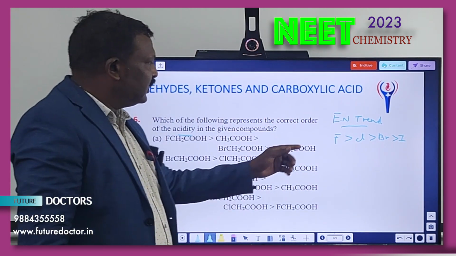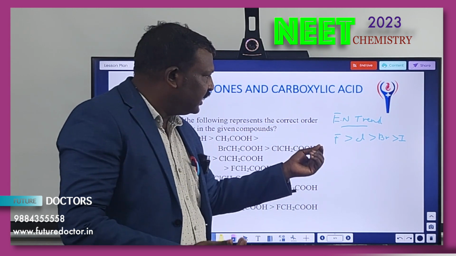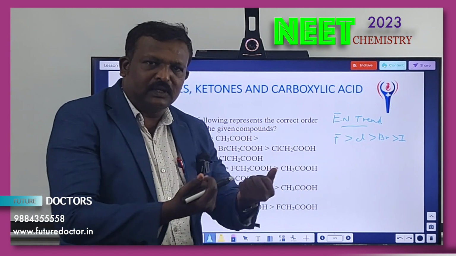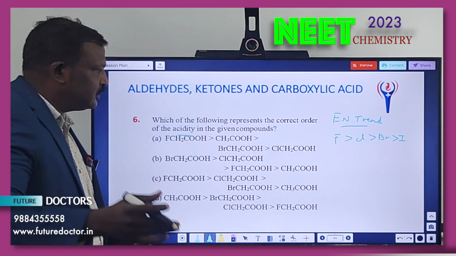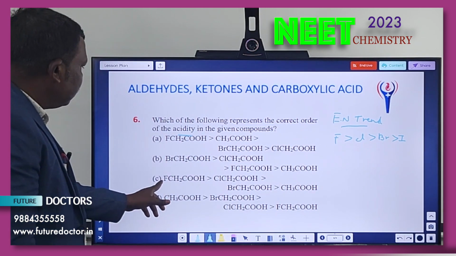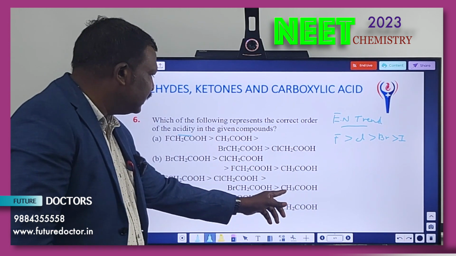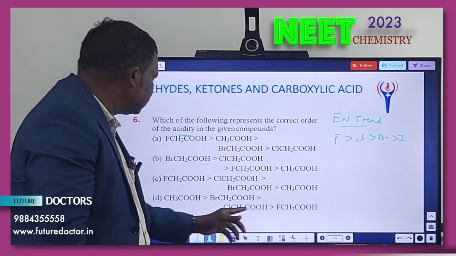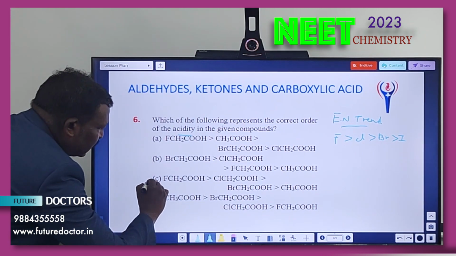The compound having fluorine pulls electrons towards itself, then only the OH bond is weak, so H plus ions are easily eliminated. So here fluorine, chlorine, then bromine. After that, the electron donating group will come. So among this, option C is the correct one.